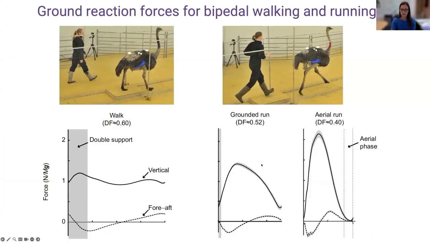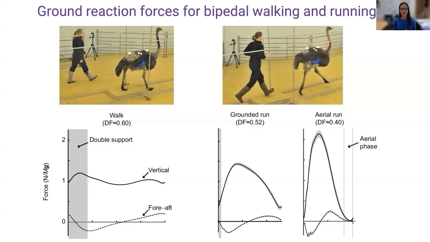In running, you get the single peak during the stance phase in the vertical direction and a similar fore-aft horizontal impulse. And as speed increases and the duration of contact decreases, peak forces rise. So the magnitude of the peak force is related to the duration of contact.